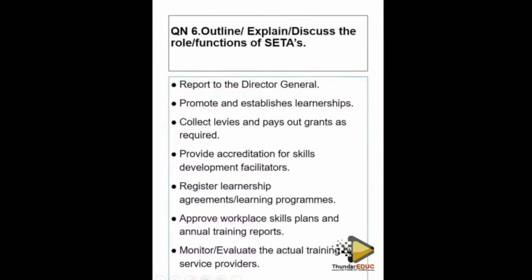Okay, so moving on, we are saying that the function of SETA is to monitor or evaluate the actual training by service providers. So now these service providers we refer to businesses. Remember from the start, I said that some businesses may say that they are going to offer our Skills Development Act, or they are going to enhance the skills of their employees, but upon receiving money, that money is actually now being diverted towards their own pockets.